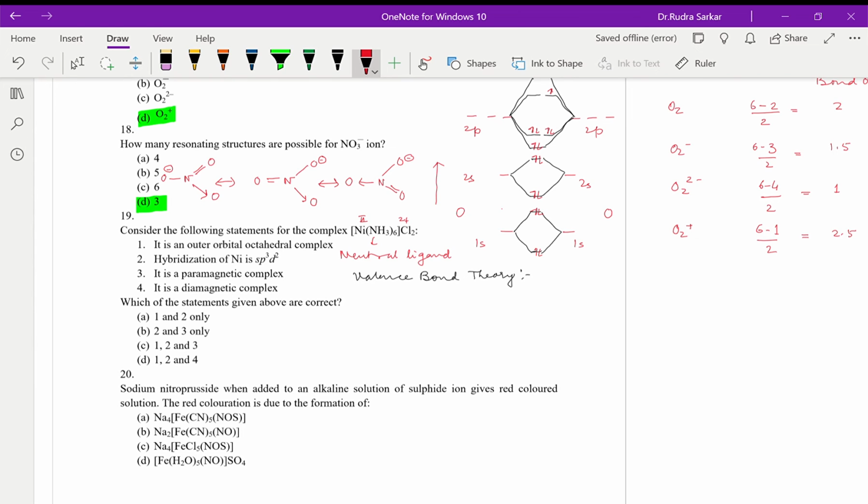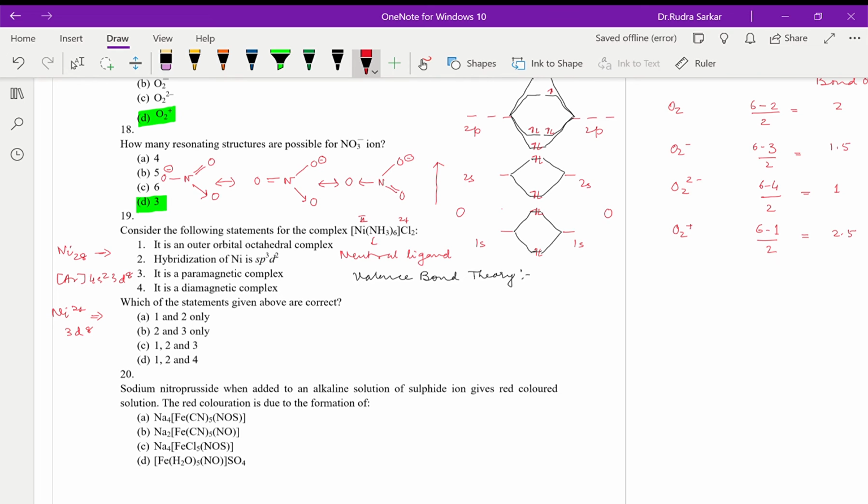Now Ni2+ means, so for that if we write the electronic configuration of Ni, which is obviously nickel is 28, that means it is Ar 4s2 3d8. So Ni2+ is basically a 3d8 system or a d8 system.